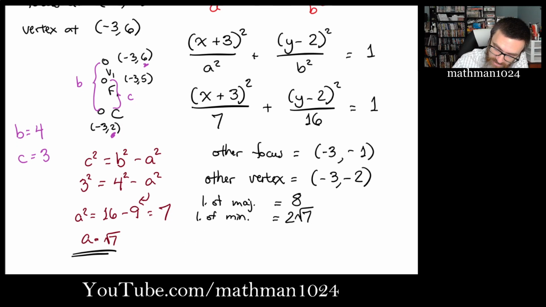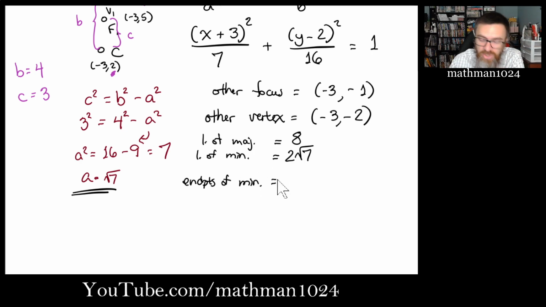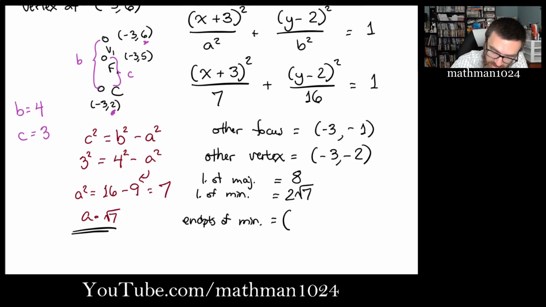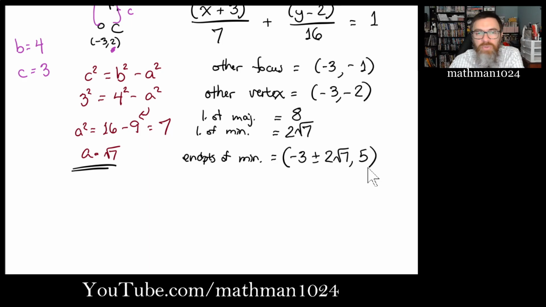And if I were to try to find the endpoints of the minor axis, you're going left and right from the center. Now my center is (negative 3, 5), so it's going to be negative 3 plus or minus the square root of 7, comma 5.